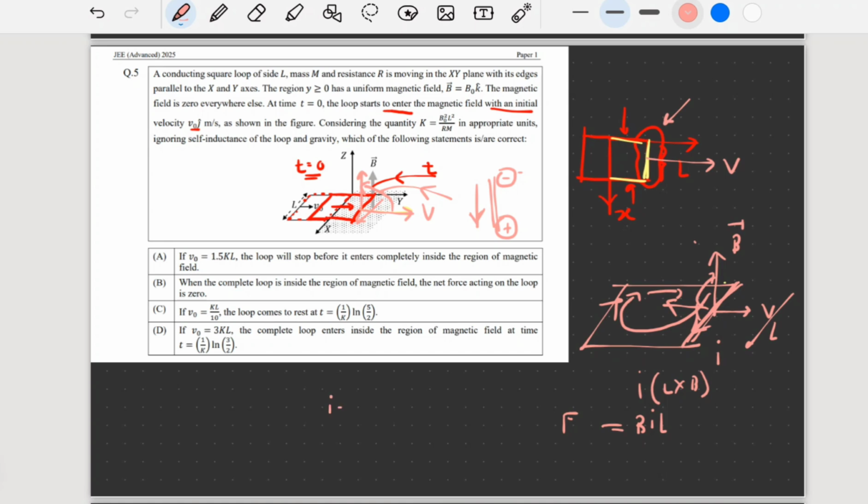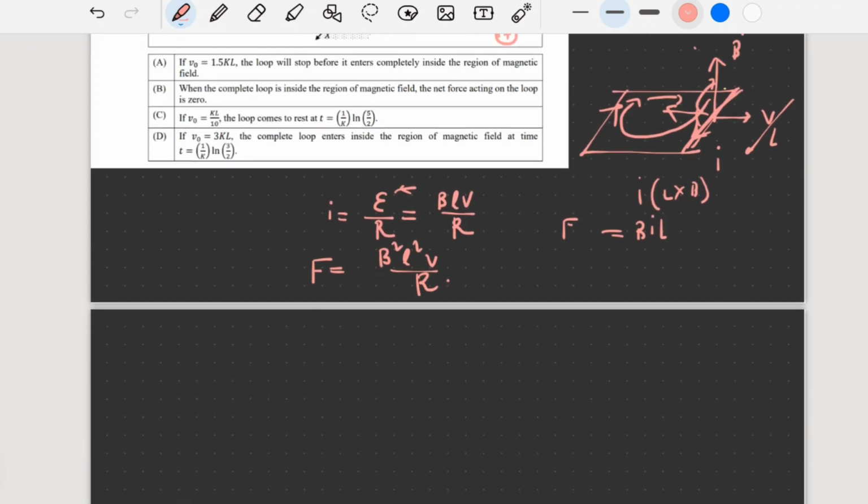So what is the value of I? I is E by R. R is the resistance of the loop, and E is the EMF produced due to the magnetic flux change. We know that E is B into L into V, so I is BLV by R. The magnetic force acting on the loop will be B into I into L, that is B squared L squared V by R. That is the force on the loop, acting in the opposite direction of the loop velocity.